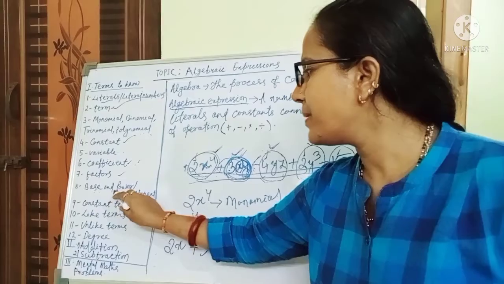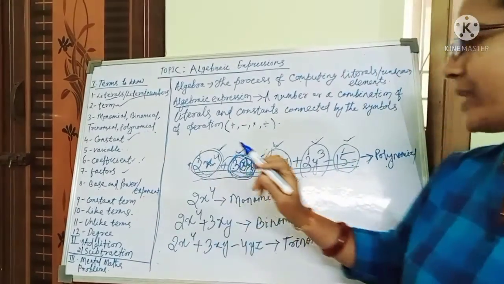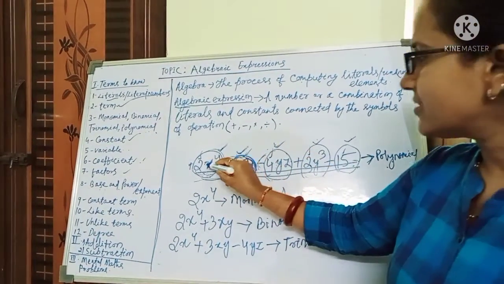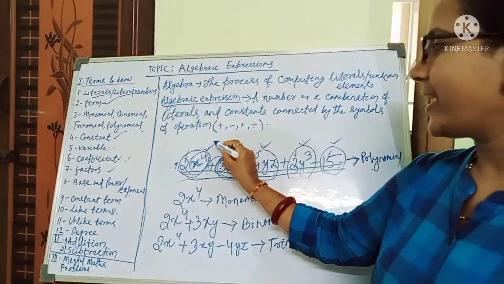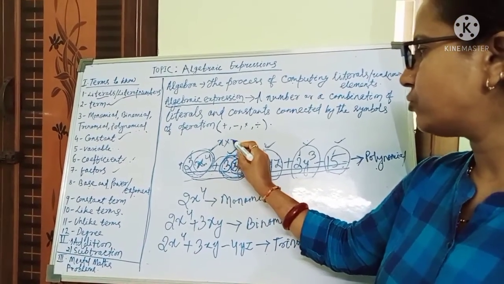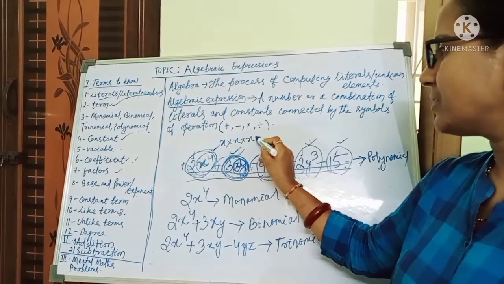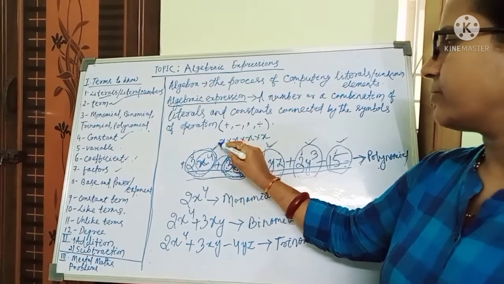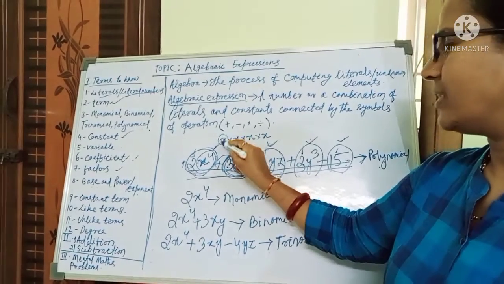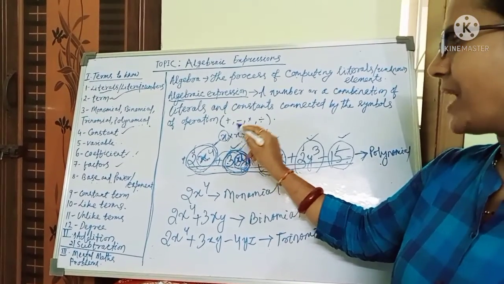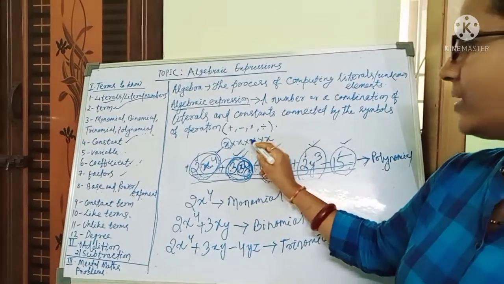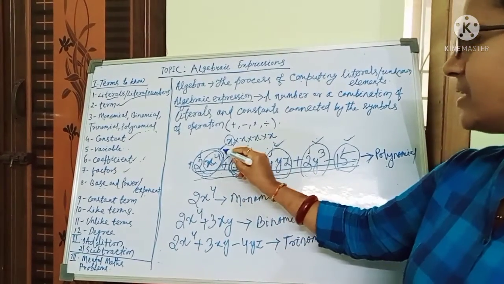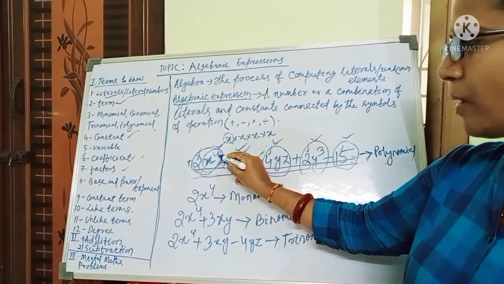Now next is base and power or exponent. If I consider x to the power of 4, what is the meaning of x to the power of 4? x is multiplied 4 times. If any literal is multiplied by itself repeatedly, then we represent it as x raised to the power of 4.